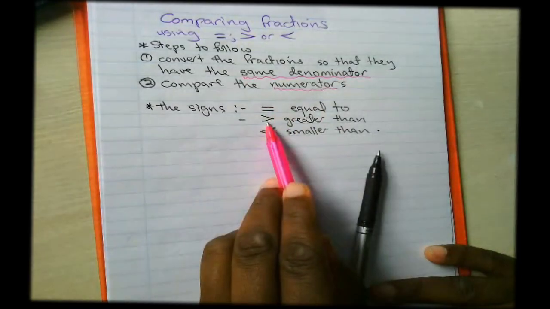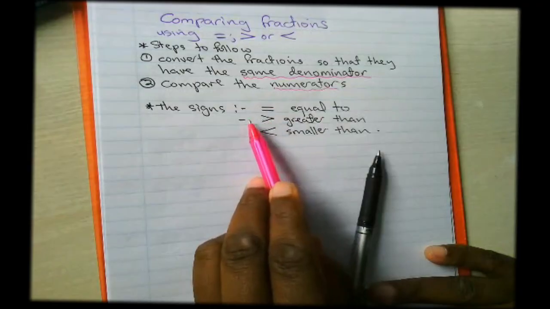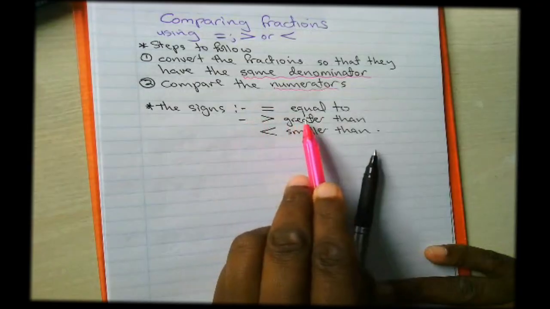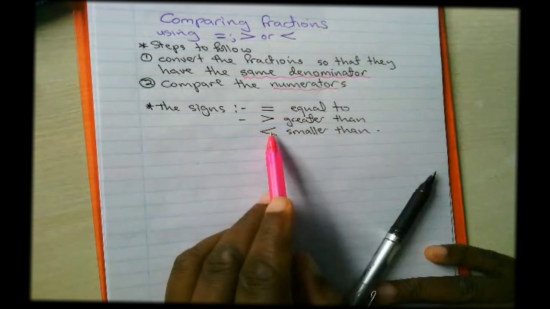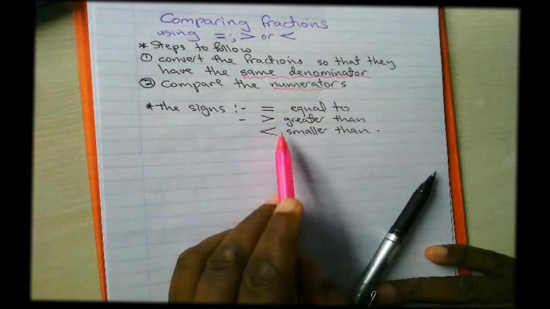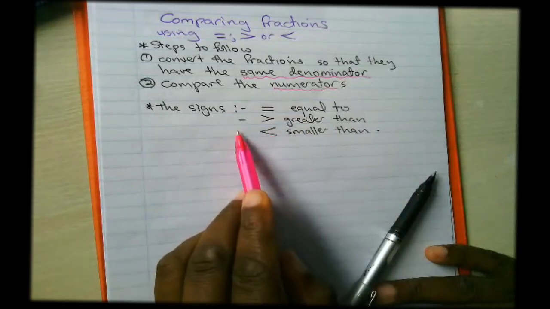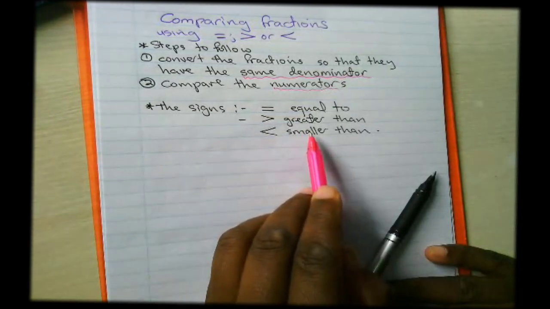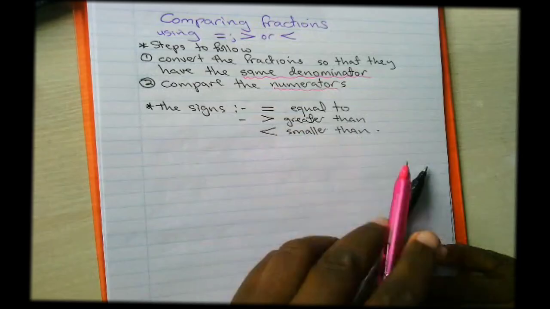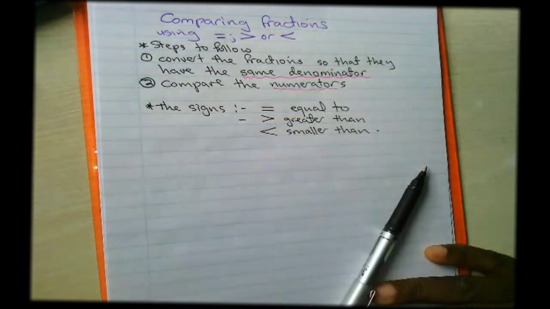The second one is telling you that the fraction on the left is greater, or bigger, than the one on the right. And the third sign is telling you that the fraction on the left is smaller, or less than, the one on the right.